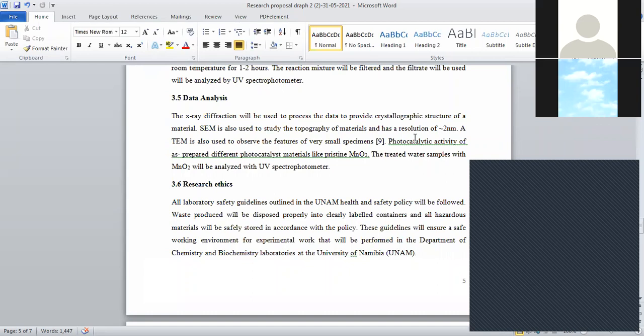These guidelines will ensure a safe working environment for the experimental work that will be performed in the Department of Physics, Chemistry, and Material Science at the University of Namibia. So like this, you have to write about research ethics. Okay.